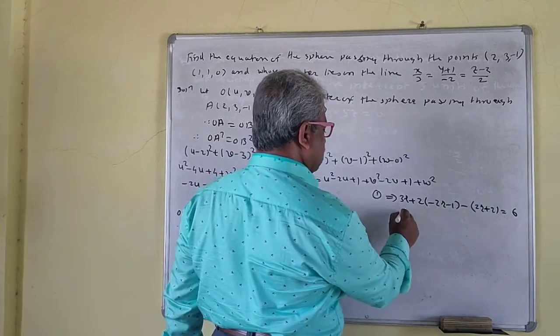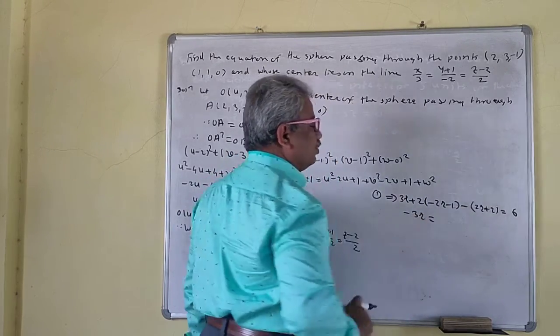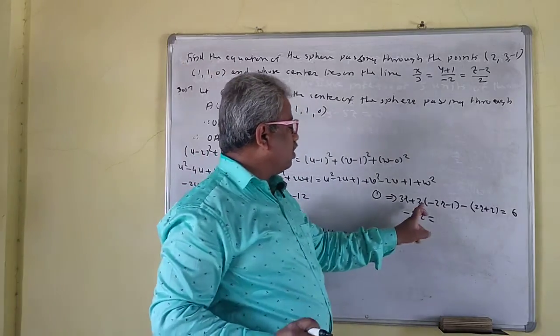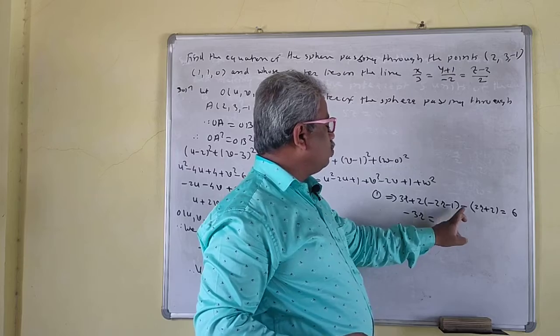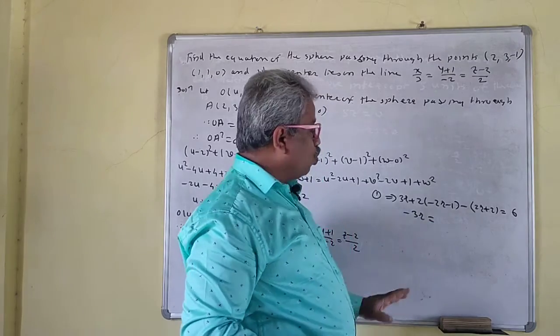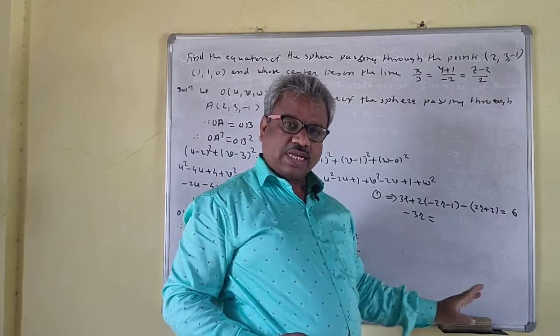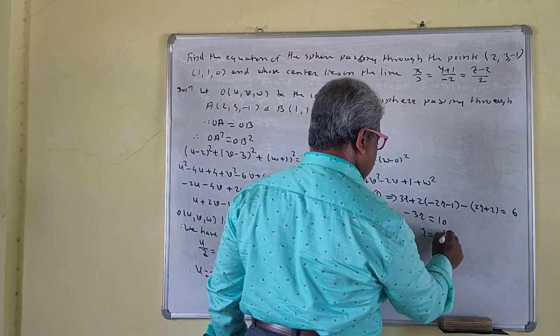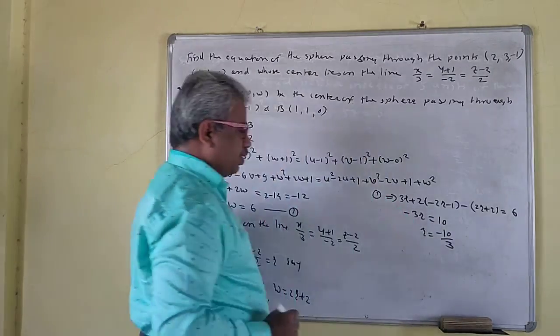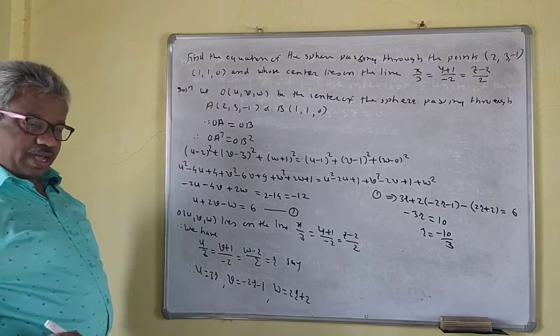So this is minus 3R now. The constant is 6 now. This constant is minus 2, this constant is minus 2, so minus 4. Minus 4 is shifted to that side, that is 4. 6 plus 4 is 10. So R is equal to minus 10 by 3.